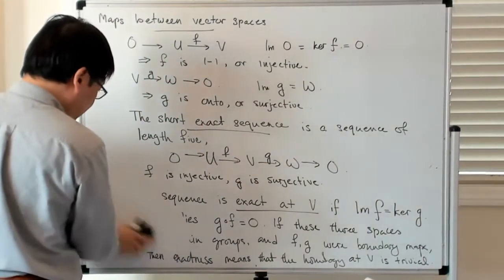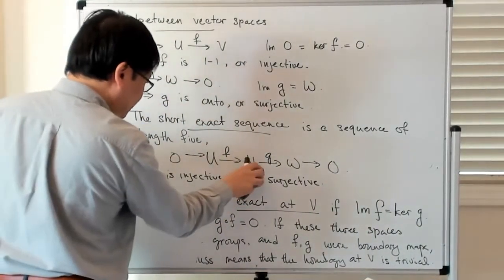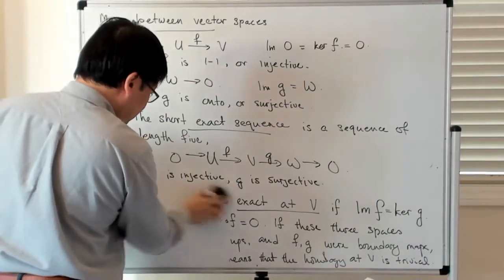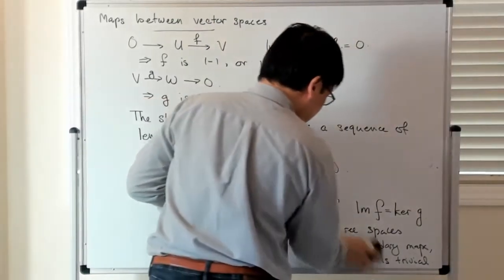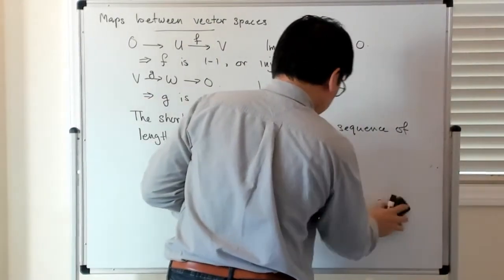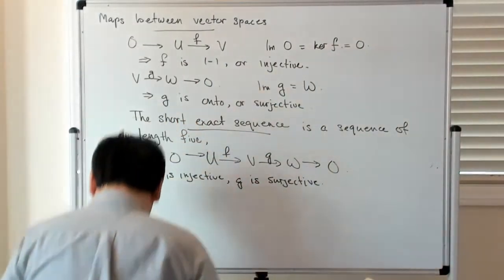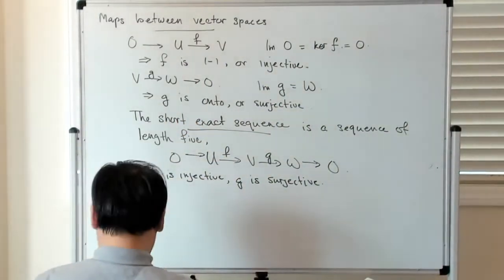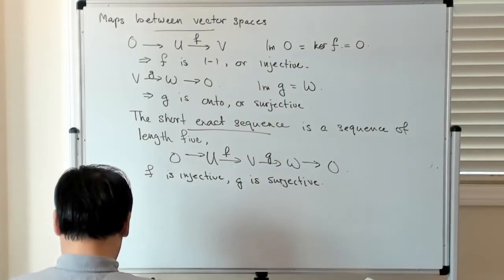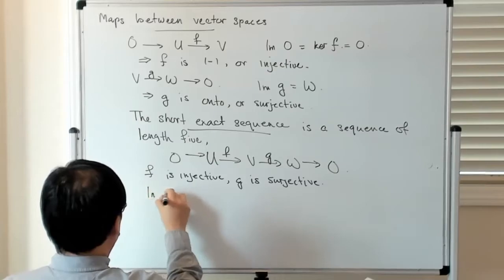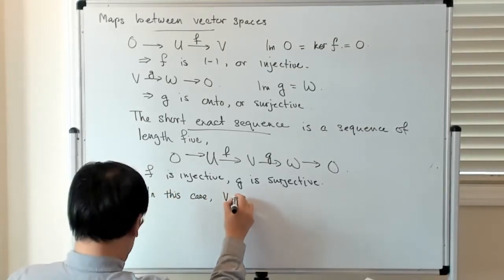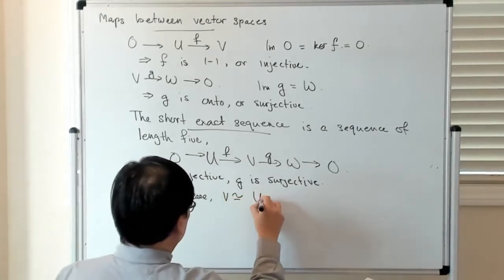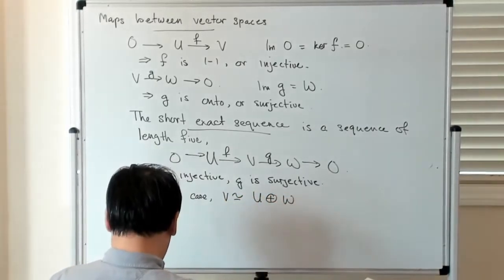And then what happens in addition is that the space in the middle can be written in some nice way, involving the F's and G's. So in this case, V is going to be isomorphic to the direct sum of the two spaces.